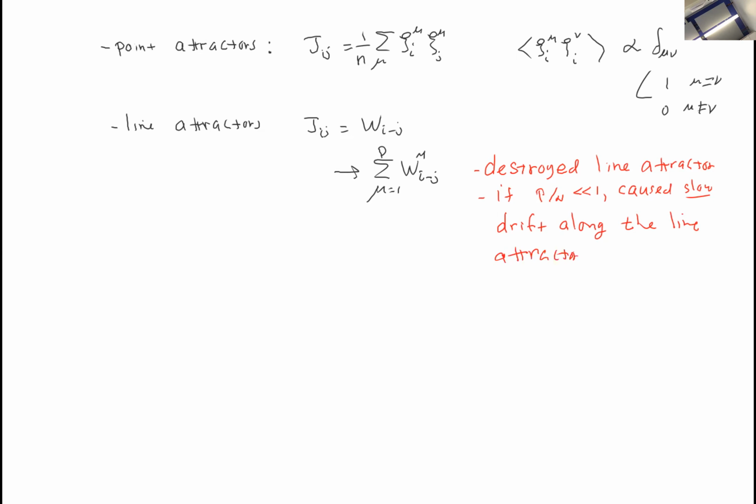Okay. So this is sort of a summary of this point line attractor stuff. And remember, this conclusion came from analyzing the noise.